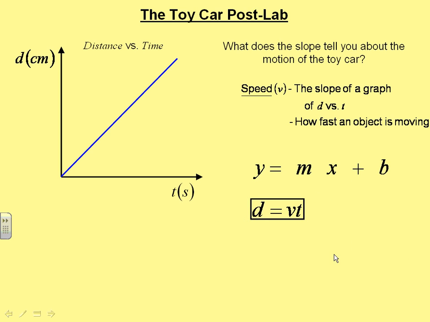And this is a very special kind of motion. We said originally in the pre-lab that the cars went in a straight line, so this is only one-dimensional motion. But even there it's special, because notice the slope of this graph. It's a linear graph. And since it's linear, that means the slope is constant. And if the slope is the speed, that means the speed is constant.